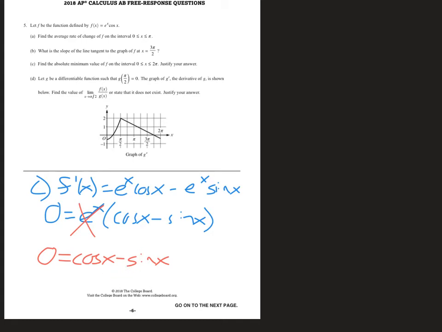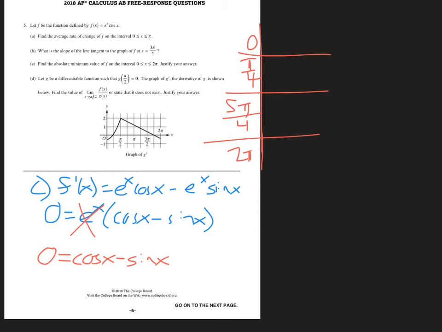So the values I have to consider here are 0, pi over 4, 5 pi over 4 in quadrant 3, and 2 pi. And we just need to know what's the value of each of these things.